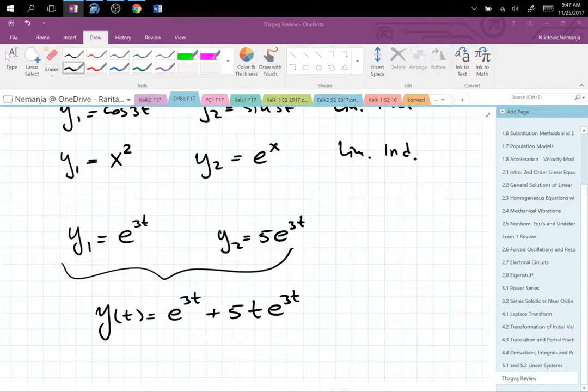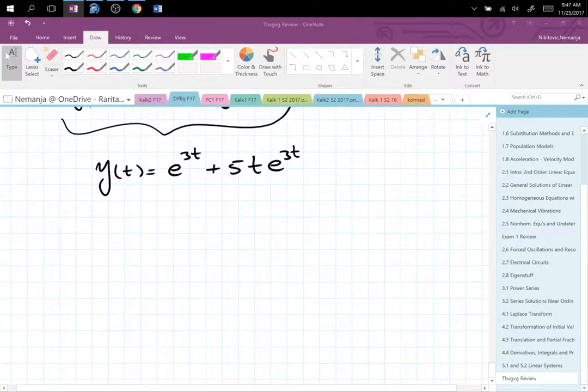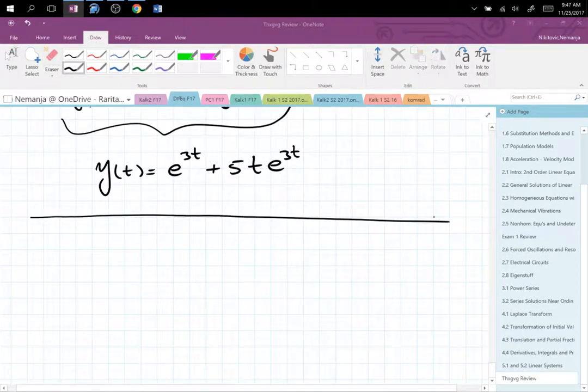Now, you might say, well, you just added this t out of nowhere, just to make it fit the theory, right? Well, if you actually check the solution back in the original differential equation, you see that the solution will work. So I can give you an example of this immediately.